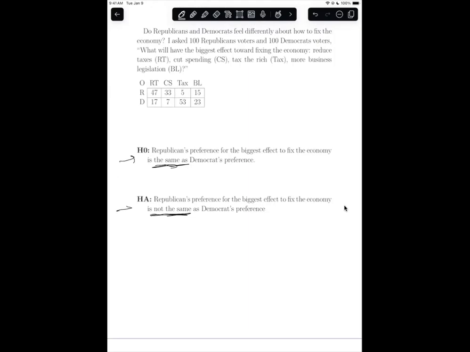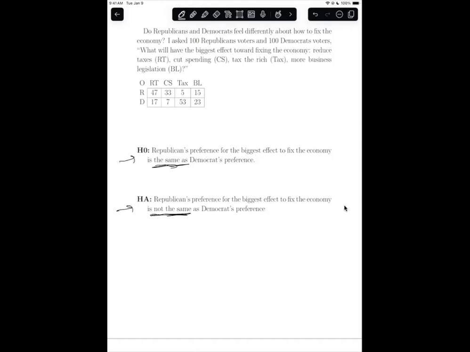And then Republicans' preference, belief on the variable how to fix the economy is not the same for the alternative hypothesis. And so for homogeneity, we have no notion of a greater than or a less than alternative hypothesis because we're using a categorical variable to make the comparison of these two groups, Republicans and Democrats. And with a categorical variable, there's no ordering of the outcomes, so there's no notion of bigger or smaller. We can just say they have the same preference, they have different preferences.